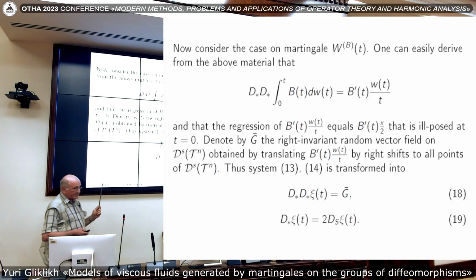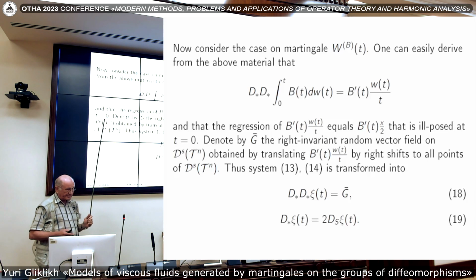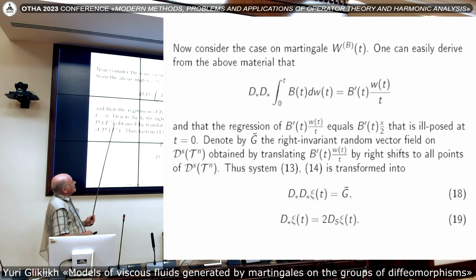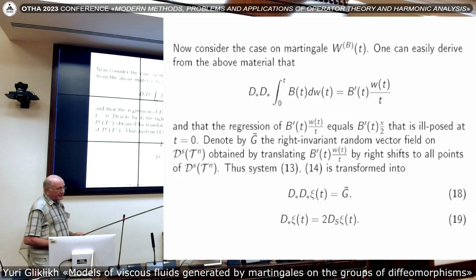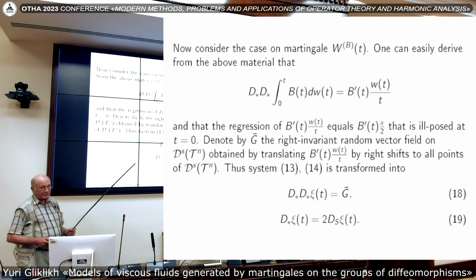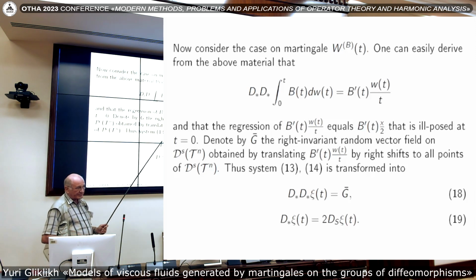Please note it doesn't exist at t equal to 0. But if we start from some time instant greater than 0, then it's okay. And for this, we introduce by G bar the right invariant vector field on the Sobolev group of diffeomorphisms.